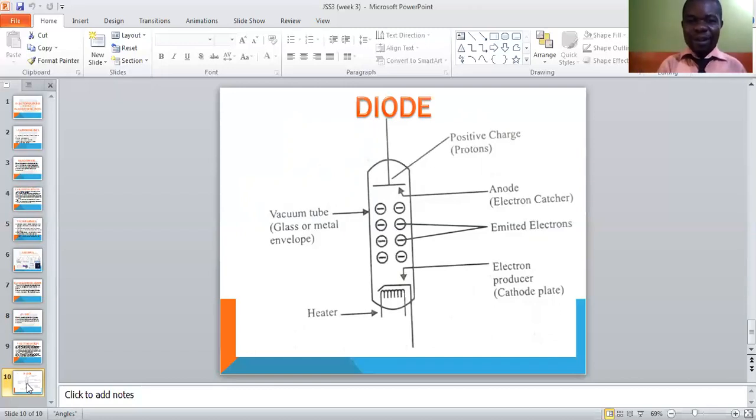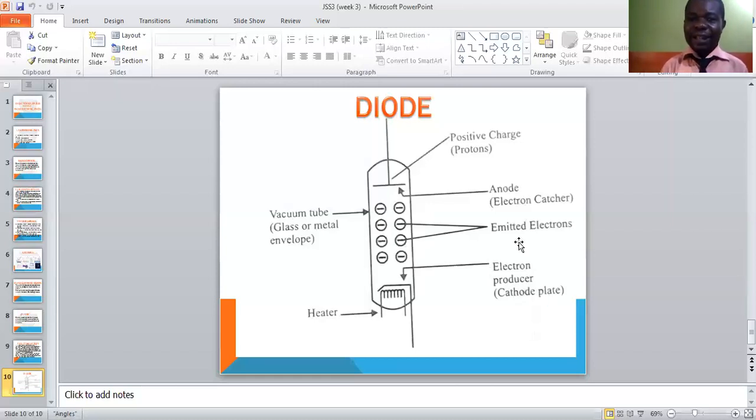This is the cathode. These are the emitted electrons that are going out. It has a glass or metal envelope. This metal envelope is the one that covers the thing, just like a case. This is the cathode plate, the electron producer, the one that produces it.